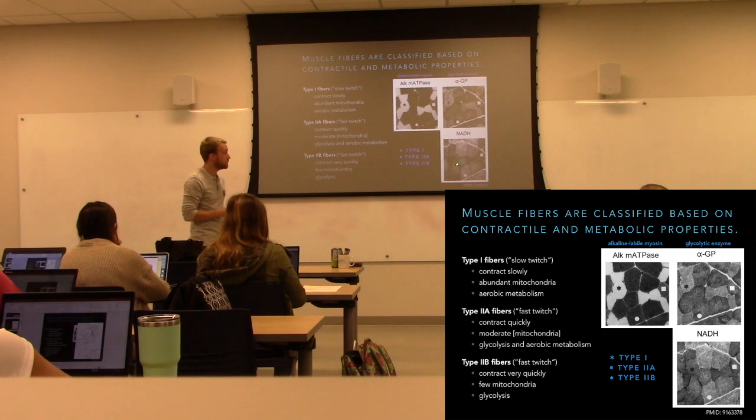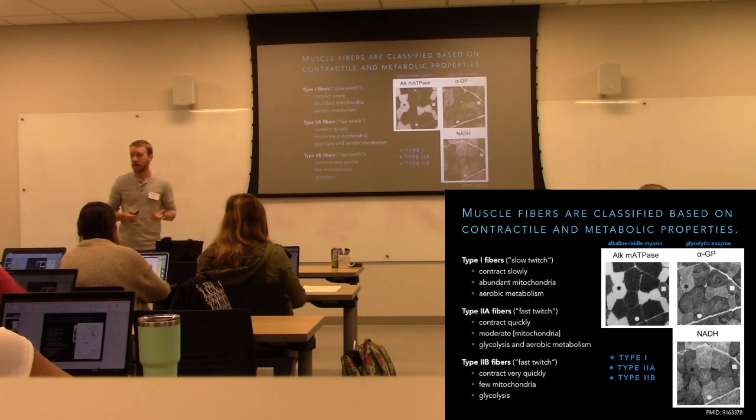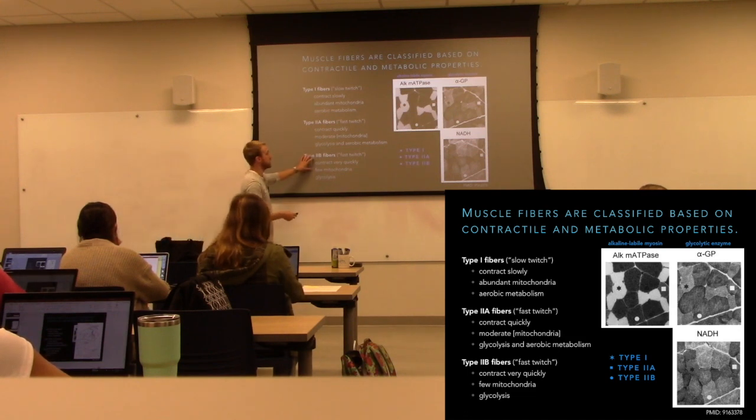The highly fatigable type 2B fibers, not a whole lot of NADH, because they're not undergoing as much aerobic metabolism. They have fewer mitochondria. So they're not generating as much ATP, and they're burning through it quickly because they contract very quickly due to that fast myosin that they have.